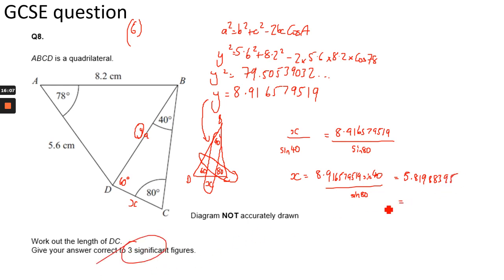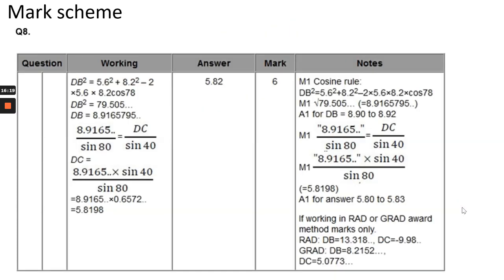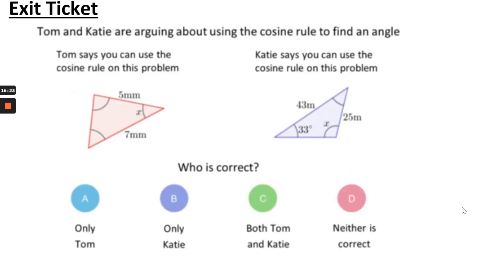The question says 3 significant figures, so it's going to be 5.82 centimeters to 3 significant figures, and hopefully that is the answer on the next page. Perfect.